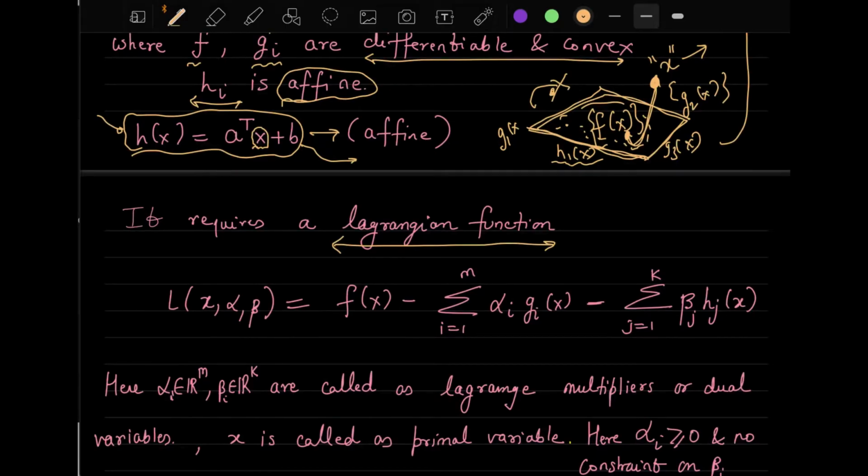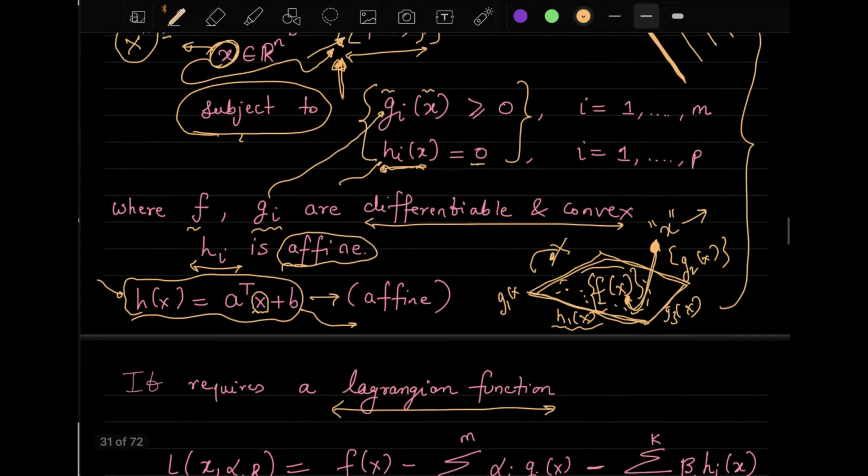Because if you see here, we are restricting ourselves to convex and differentiable functions. So once you find the minimum, it is the global minima of that solution, or the global maxima. You can do the maximum also, but right now we are concerned with the minimum. So whenever you solve this, you will get the optimal minima.